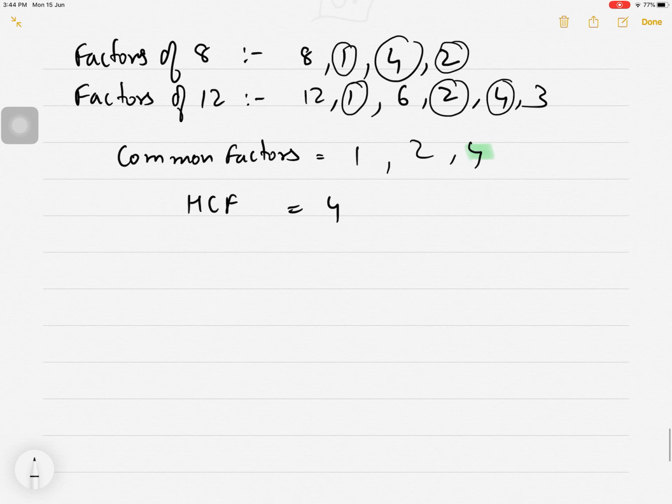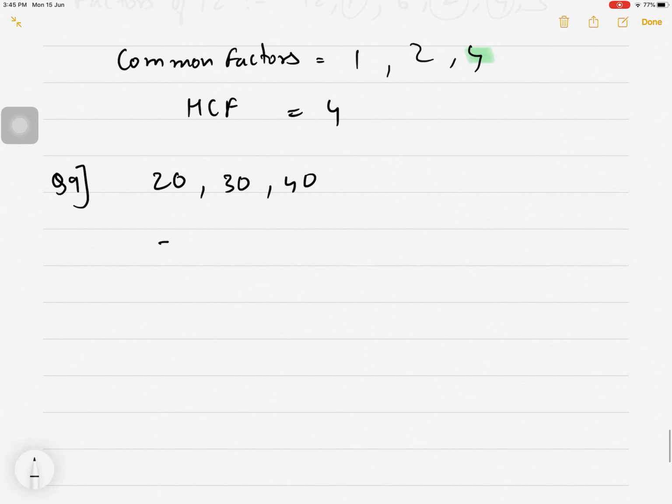Okay. Now let's solve the next question. Find the HCF of 20, 30 and 40 by prime factorization method. So when I say prime factorization method, you have to calculate all the prime factors. Right? So 20, 30 and 40.